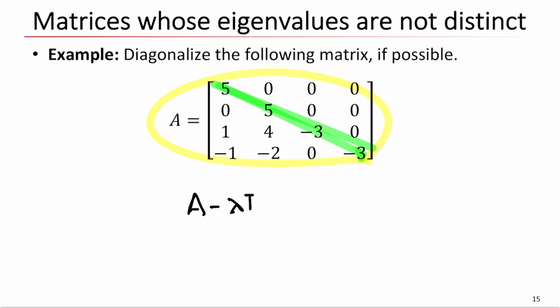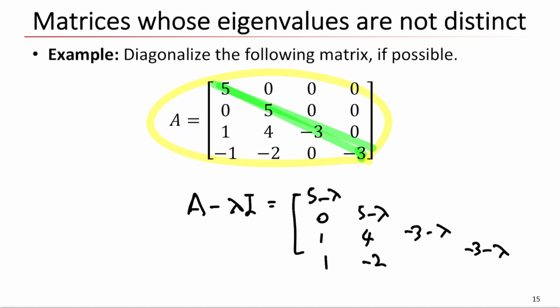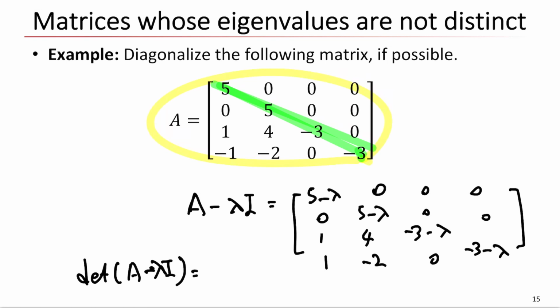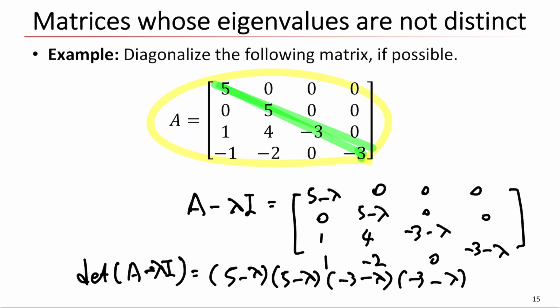First of all, A minus lambda I will be 5 minus lambda, 5 minus lambda, -3 minus lambda, -3 minus lambda, with the other entries 0, 1, 4, -1 and 2, and zeros here, right? Then the determinant of A minus lambda I will be (5 minus lambda) squared times (-3 minus lambda) squared, right?